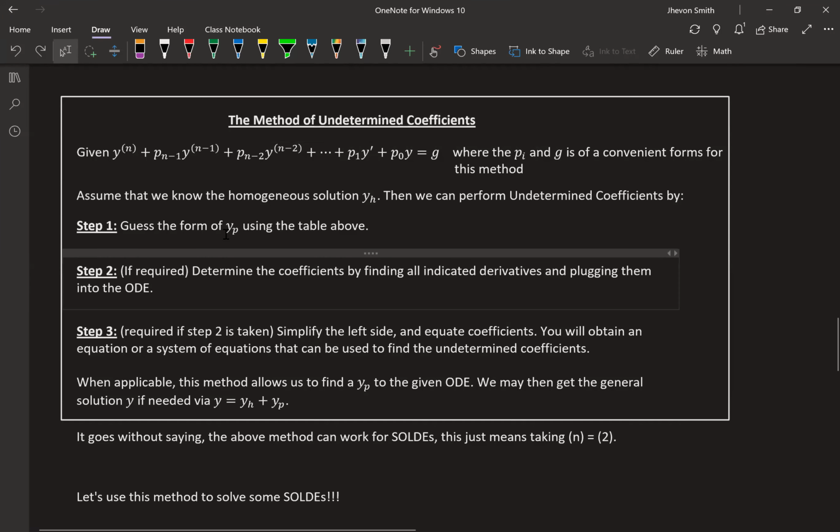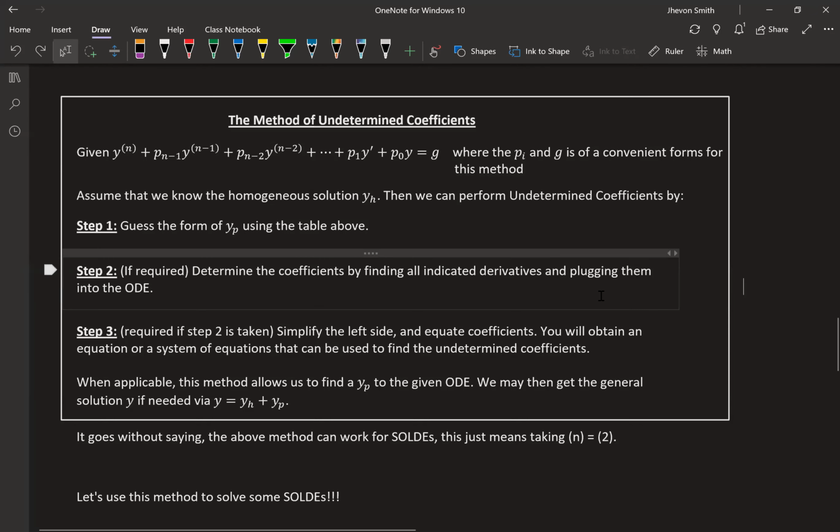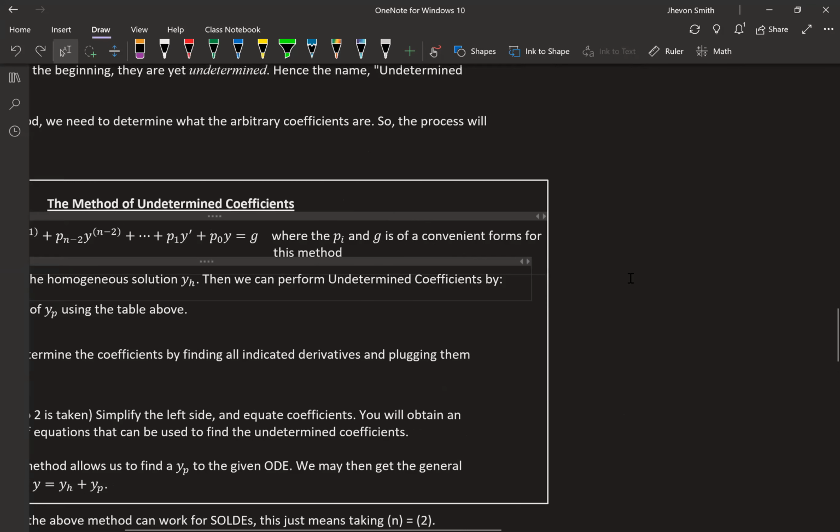So step one, guess YP using the table above. So I have a non-homogeneous ODE, and it's very convenient to use the method. What does it mean that it's convenient to use the method? Let me be specific here.